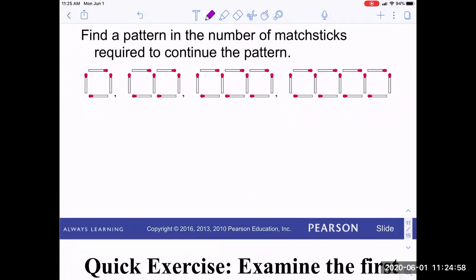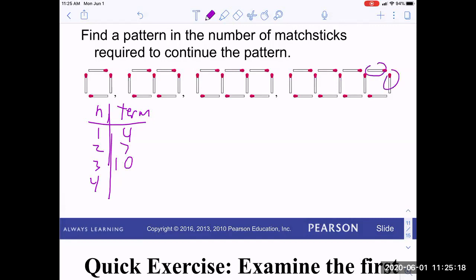Okay, I hope it came back. I've got 4, so I'm going to do my n and my term. I'm going to build my table. 1, 2, 3, 4. I'm going to count my math sticks, so there's 4. I'm adding 3, I got 7. I'm adding 3, 10. I'm adding 3 each time on the end. My first order differences are always 3. I know that the term is 3 times n plus some constant.